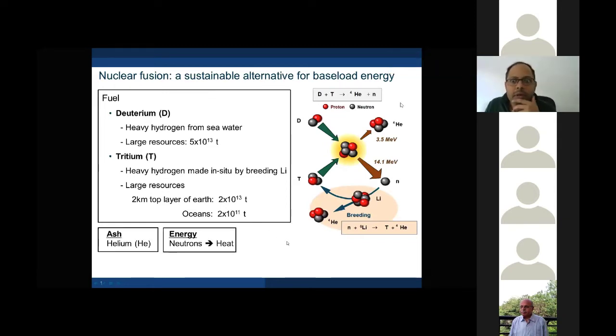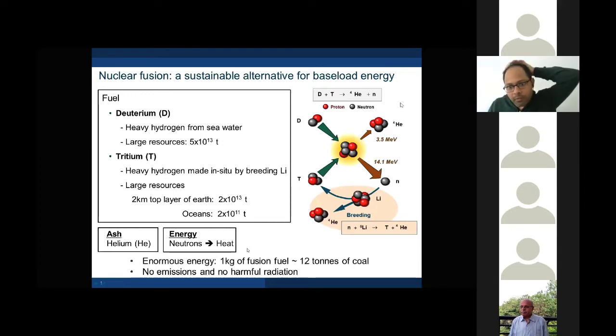Now, what is the output of this? If we look at this as a fire, the ash is the helium, which is harmless, and the energy is coming from neutrons, which we take out as heat. We would have an enormous amount of energy, because nuclear reactions have about a million times more energy per unit mass.